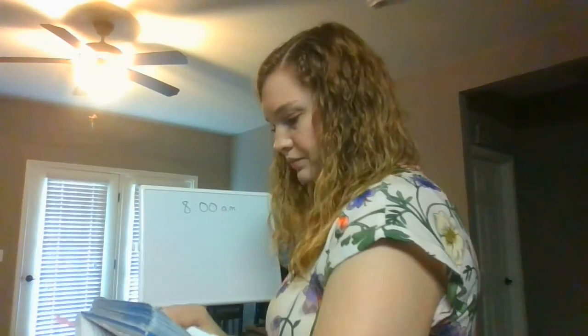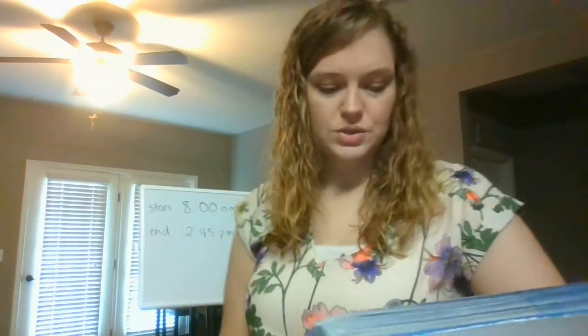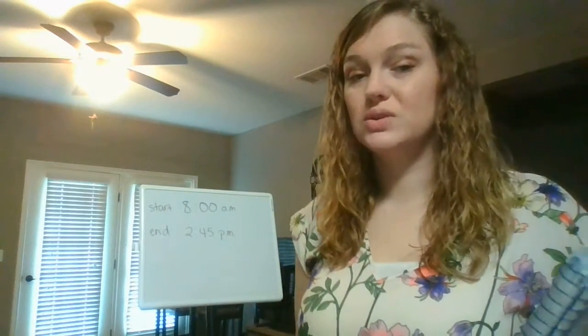She gets to school at 8 a.m. So school starts at 8 a.m. School ends at 2:45 p.m. So we need to find out how long her school day is.